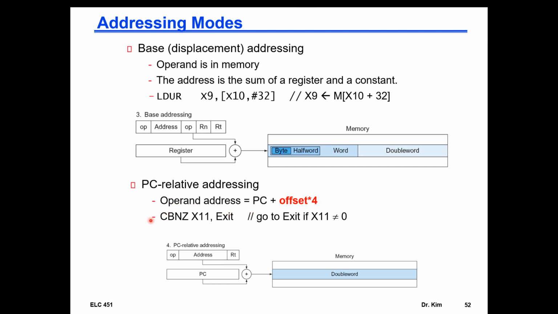So an example would be conditional branch on non-zero. We're going to test the contents of register 11, and we're going to branch to exit.